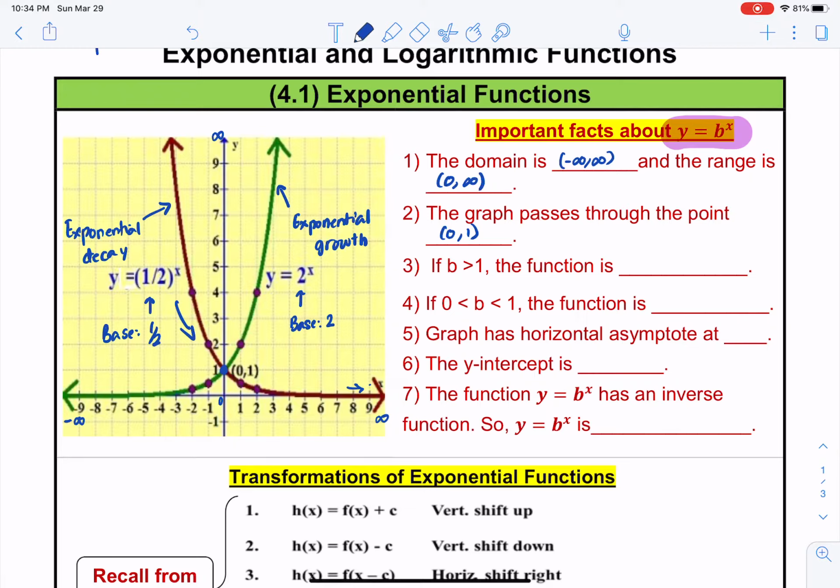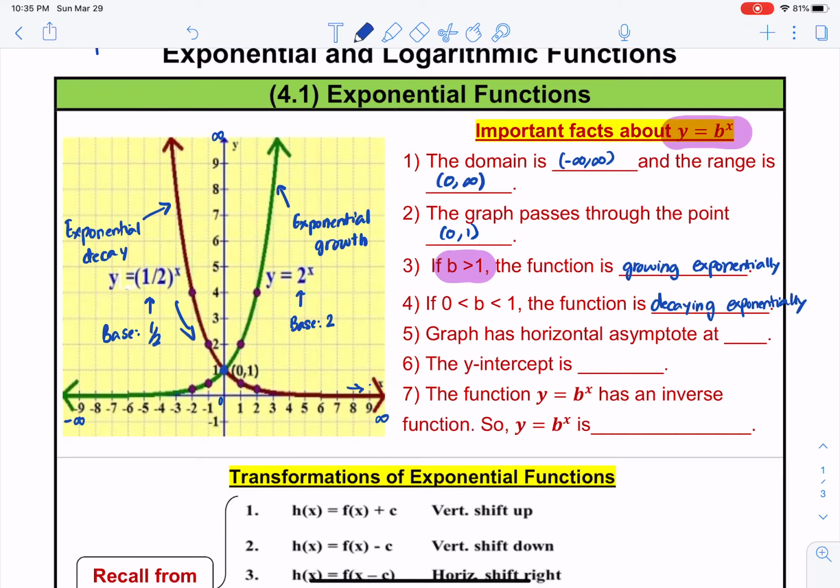If the base b is greater than 1, the function is growing exponentially. If the base is between 0 and 1, the function is decaying exponentially.